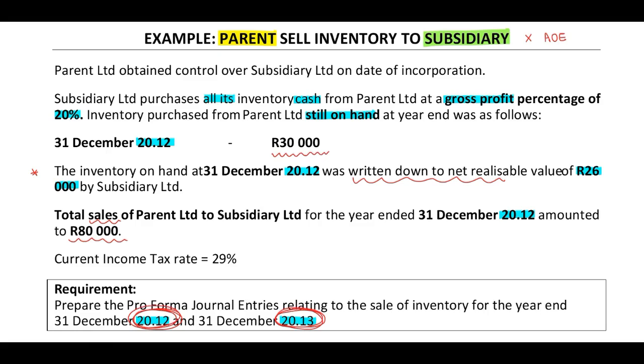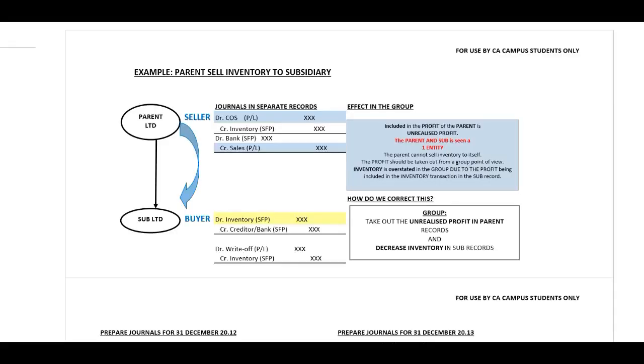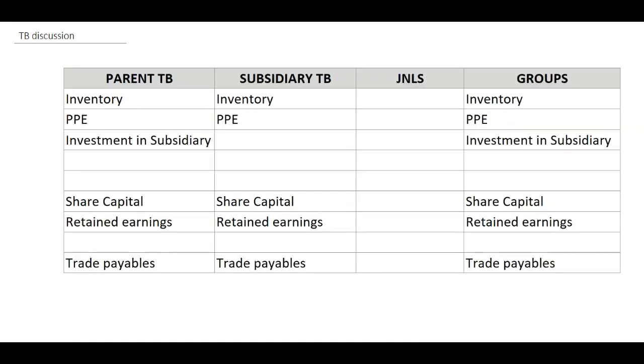Now, my first step, as always, is I prefer to ensure that I understand what the journals are in the separate records. Then I look at the effect in terms of my group to be able to identify my journals. What do I need to do to correct my group? When I think about my group, I think about my trial balances, my TBs.